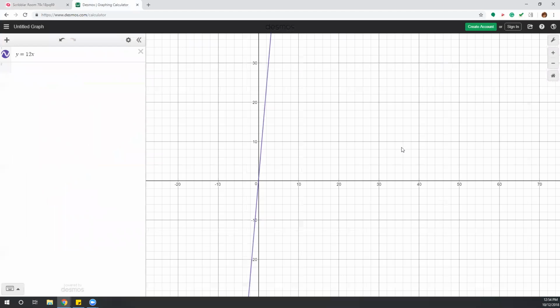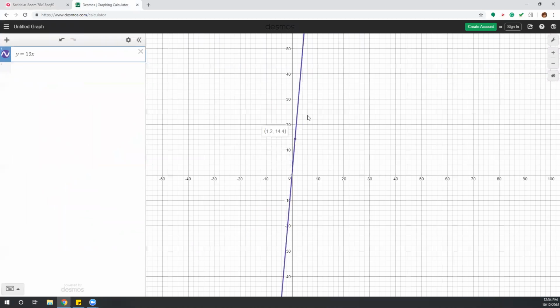So you could travel along this line and it would actually tell you, if I work 4 hours, I'm going to make $48. Or if I work 3 hours, I'm going to make $36.